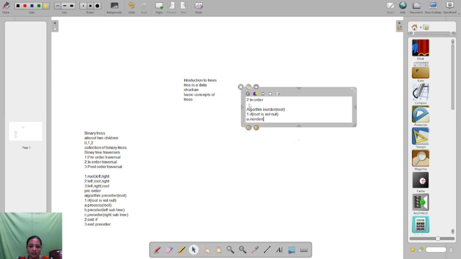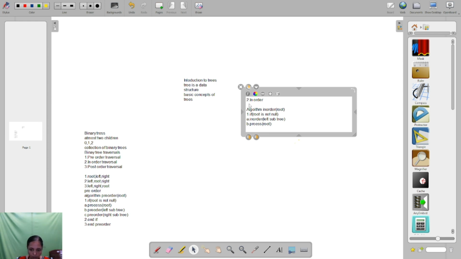The rule is what? In between. So root is present in the middle. In order, first you visit the left subtree. The second is to process root, visit the root node.